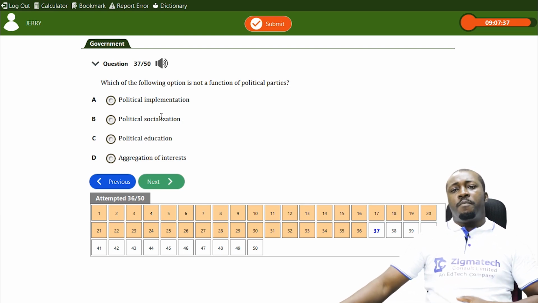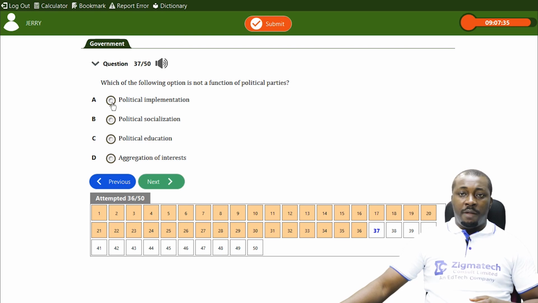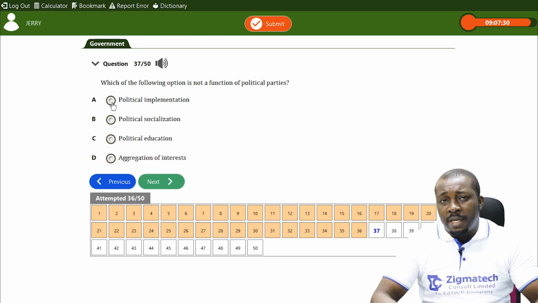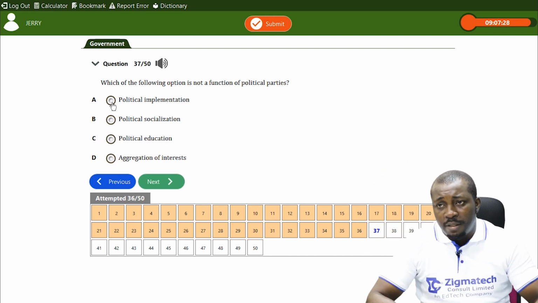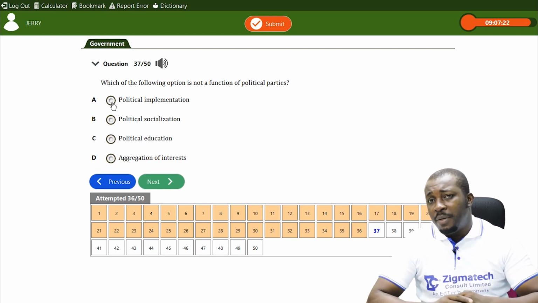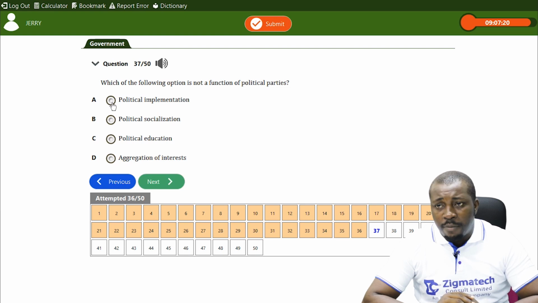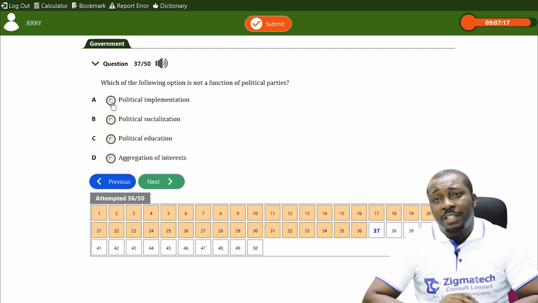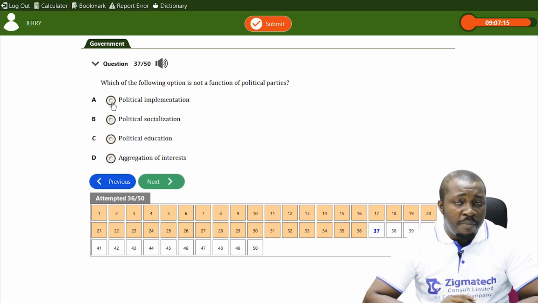Now, this option, political implementation, which should be policy implementation, is not done by political parties. It's when they become the government. It's the government that implements policy, the executive arm of government. Policy implementation is for the government, not political parties. Even parties not in power have no business with implementing.